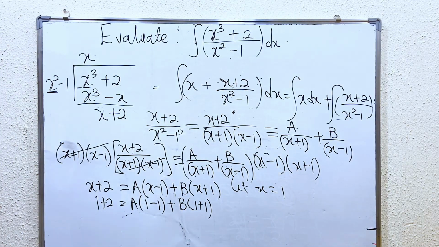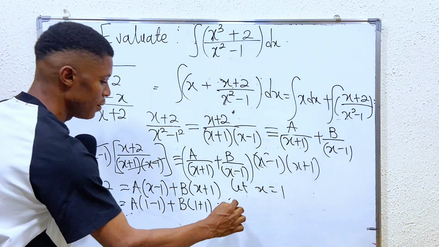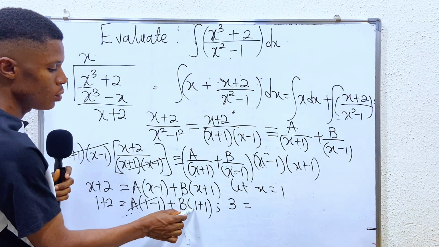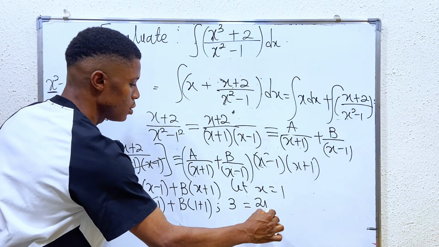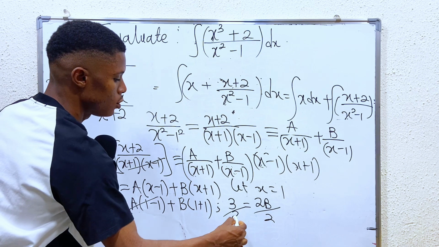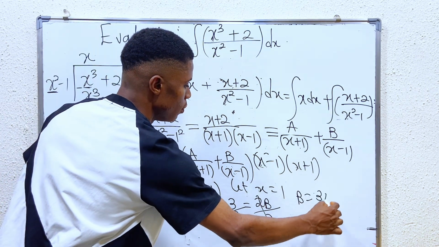What do you observe? 1 plus 2 is 3. We have 3 is equal to, this is now 0, 1 plus 1 is 2, so 2B. We divide through by 2 and if we divide by 2, B is equal to 3 over 2.